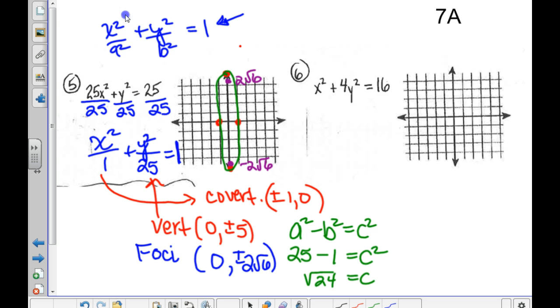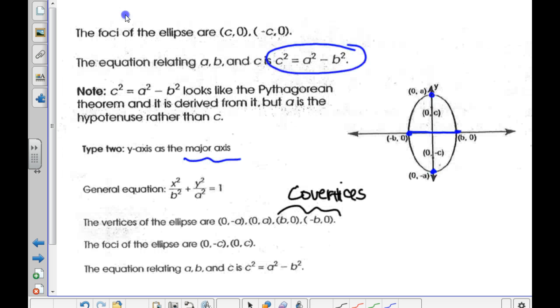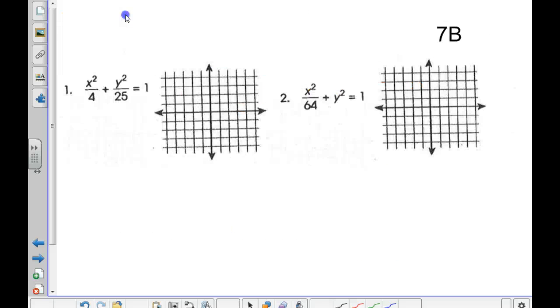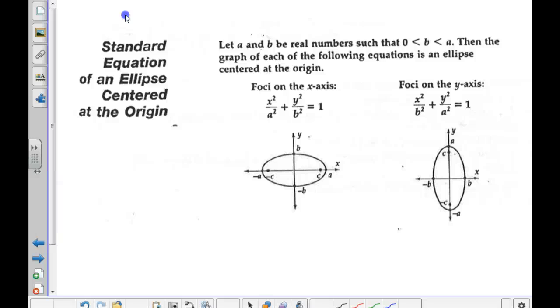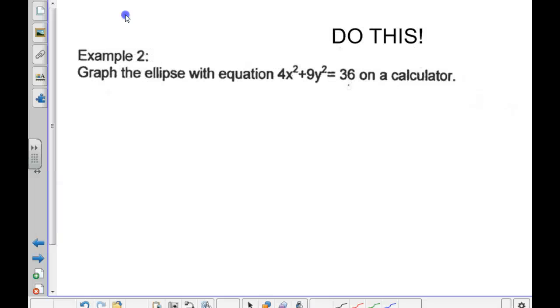All right, I'm going to go back and talk about problem number. Actually, I'm going to do one out of the book. I want to talk about this one. Let's graph it, and then I want to talk about how to graph on a calculator. You don't have this. So if you could put this, what's that page we just were doing the notes on that had nothing for you to write on?